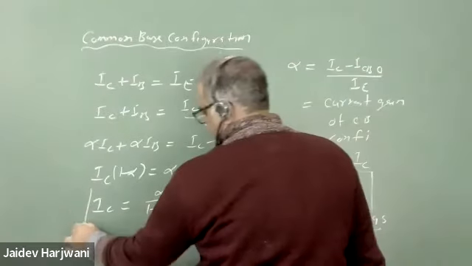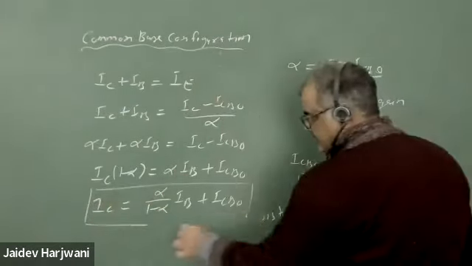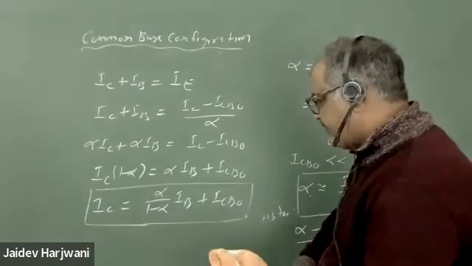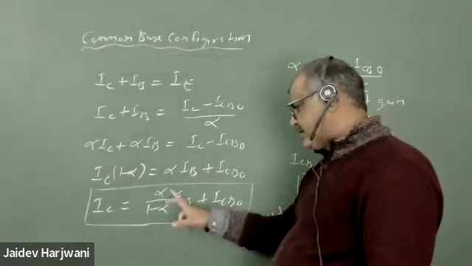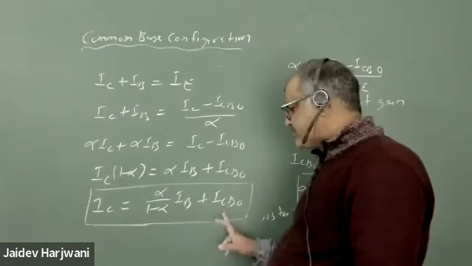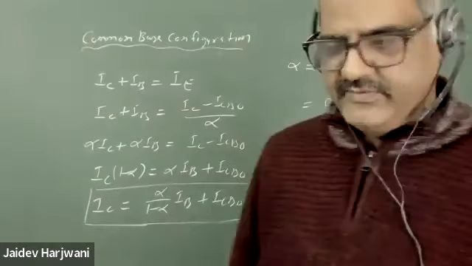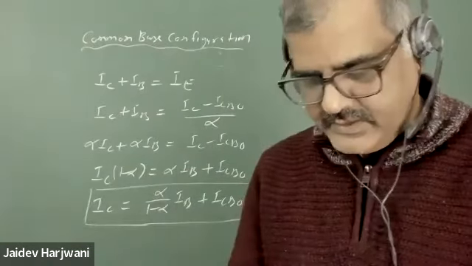So this is one more relation for the collector current. If I know the current gain of the amplifier, the base current, and the reverse saturation current, then I can find the collector current of the transistor.